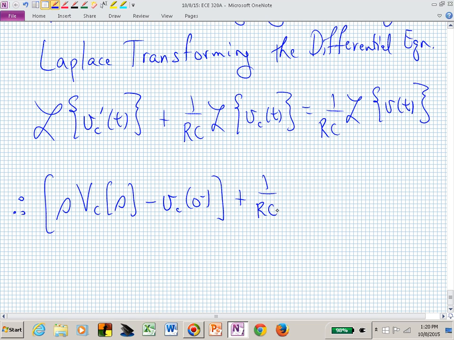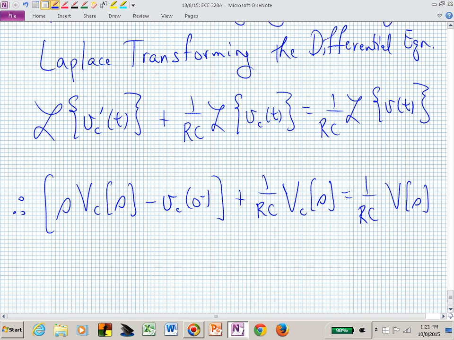Then we have 1 over RC, and we don't know what little v sub c of t is, but we do know that if we Laplace transform it, that becomes this capital V sub c of s. We're trying to find an equation for capital V sub c of s so that we can inverse Laplace transform to obtain the little v sub c of t. And we can treat the little v of t the same. You give me a little v of t and I can produce that capital V of s.